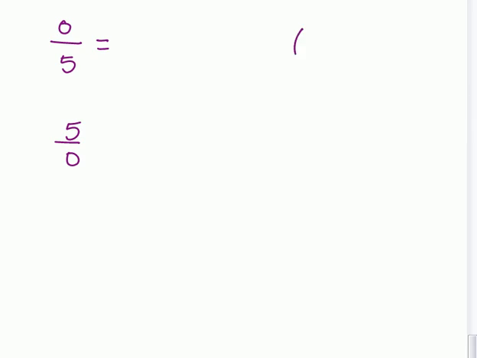In other words, that's another way of saying 0 divided by 5. Well, whatever we put here, this number 5 times that should give me 0. So 5 times what gives you 0? Yeah, 5 times 0 gives you 0, so we know 0 over 5 is equal to 0. And I'm going to put the corresponding multiplication problem: 5 times this 0 gives you this 0.